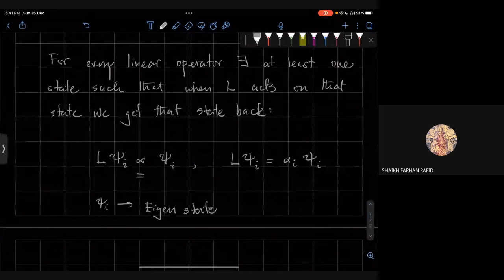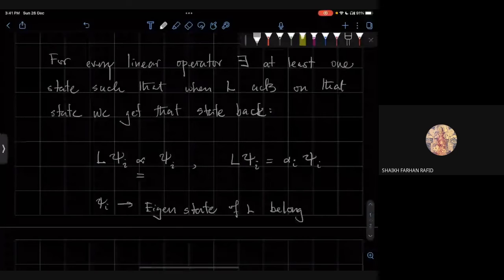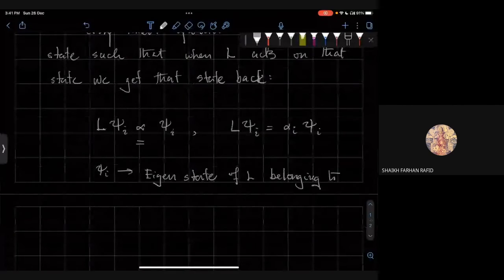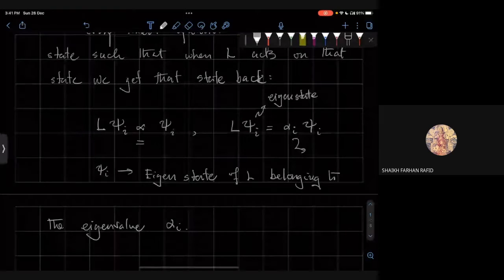Eigen is German for characteristic. It is an eigenstate of L belonging to the eigenvalue alpha i. The state is called an eigenstate, and the constant of proportionality is called an eigenvalue.